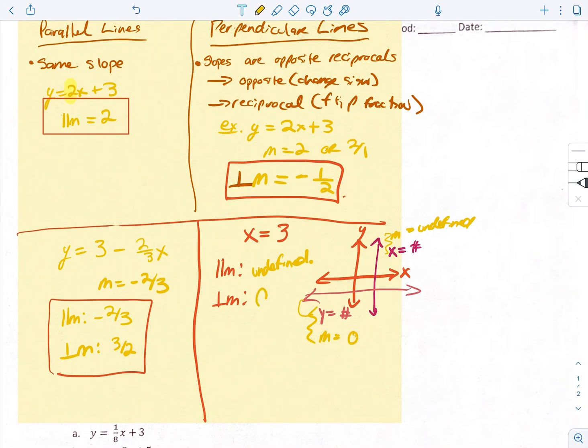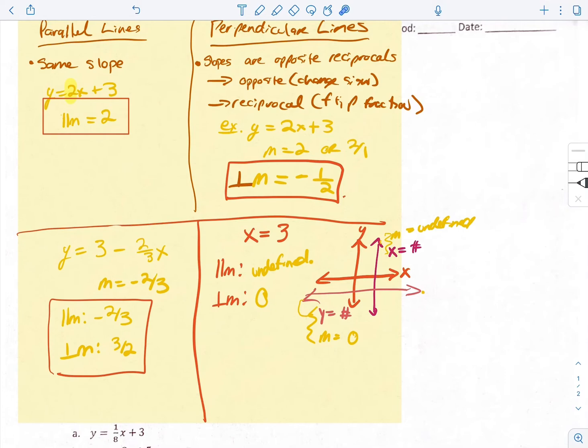So that's what we're going to write here, 0. So essentially, horizontal and vertical lines are perpendicular. Hopefully that helped, because now we're going to get into some examples.